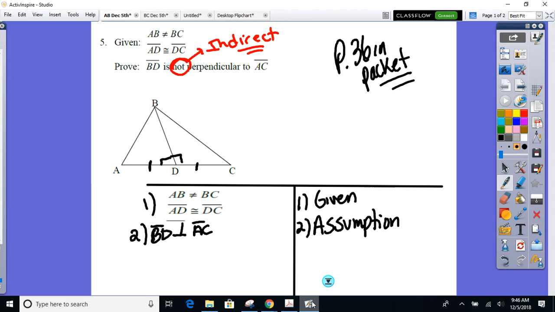That's what we're going to contradict it with, though, right? We're going to contradict this statement by saying AB is equal to BC. So I need your help right now, regardless if you were here or not yesterday. Can you get segment AB equal to BC? If you do, you contradicted one of the givens.